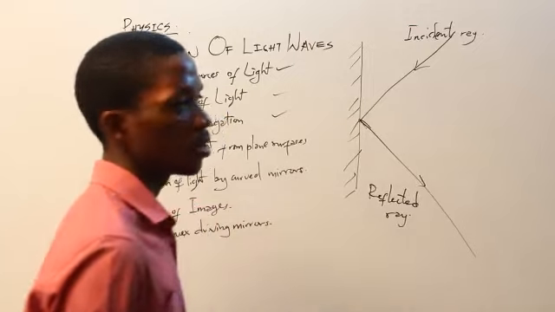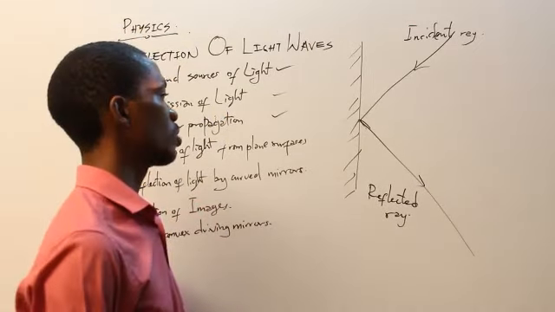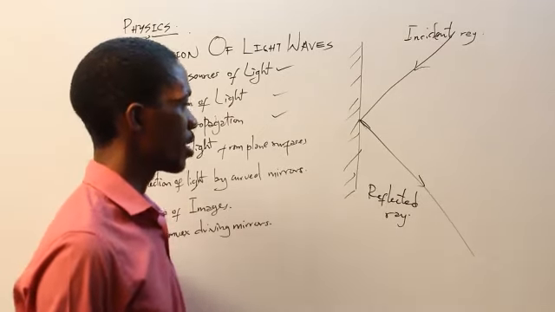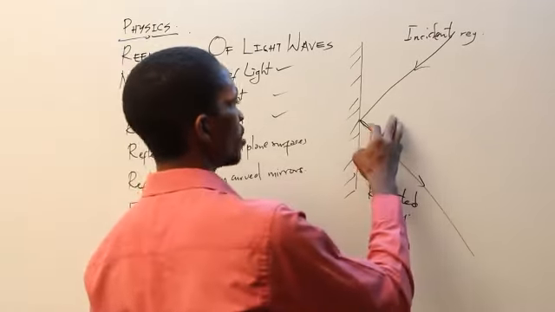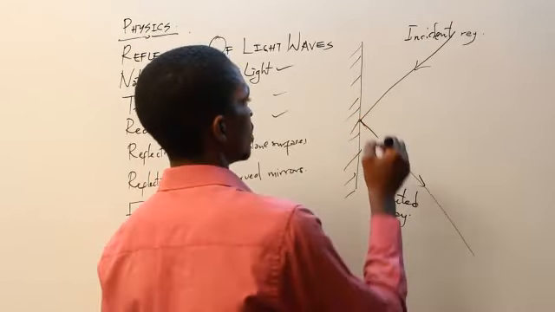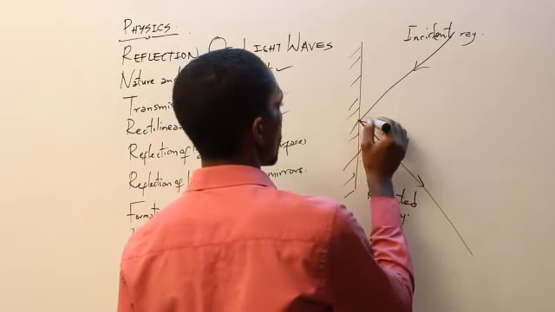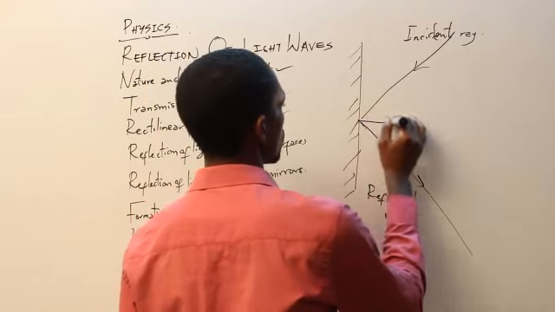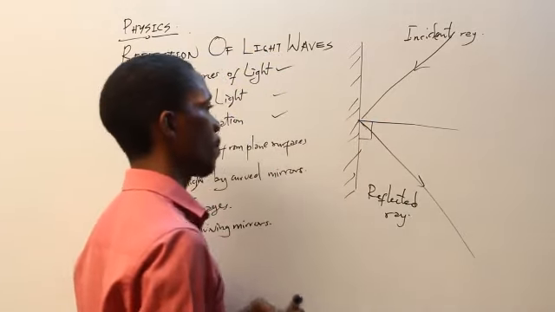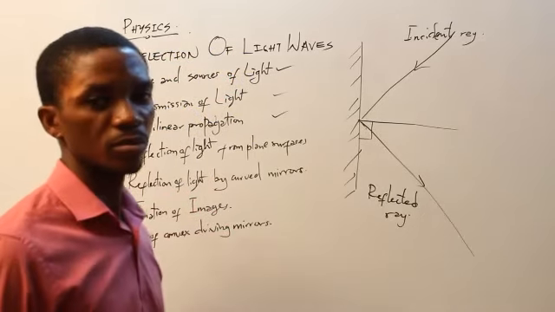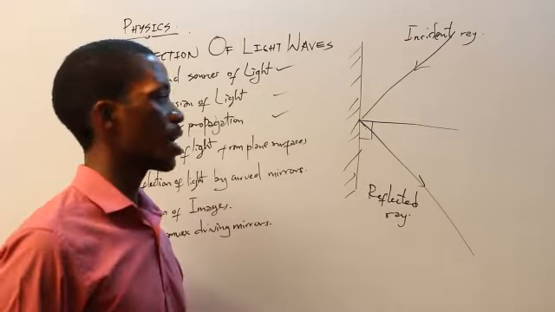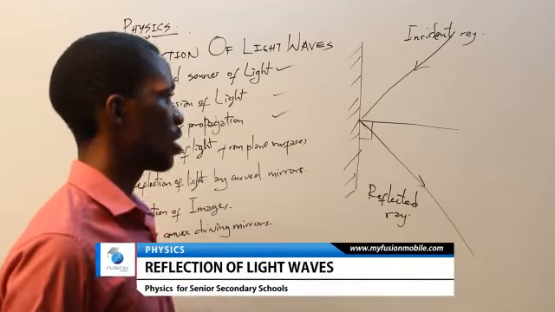The one coming in is known as the incident ray, while the one going away is known as the reflected ray. Now there is an imaginary boundary, kind of like a border. That border is perpendicular to the surface of the mirror, and it usually finds its way in between the incident ray and the reflected ray.